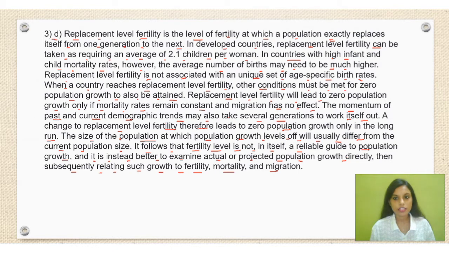So over here you need to provide a big introduction to the topic, because your first part of the question is all about the replacement level fertility. You need to discuss this elaborately.